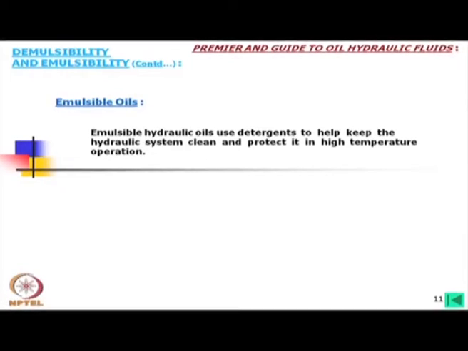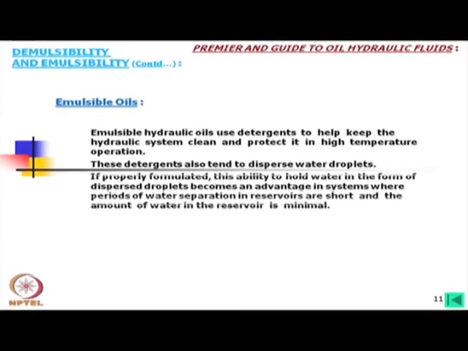Now, emulsible hydraulic oils use detergents to help keep the hydraulic system clean and protect it in high temperature operations. These detergents also tend to disperse water droplets.